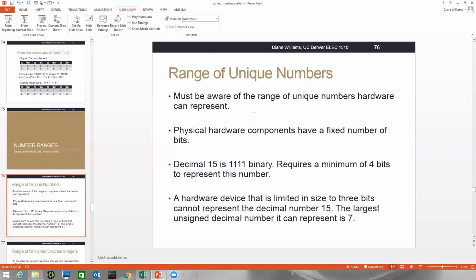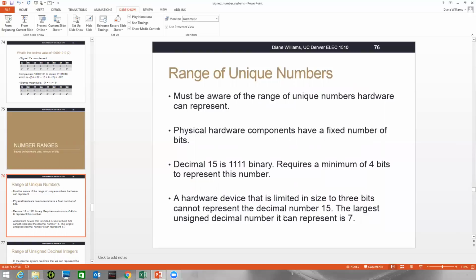We need it to be unique. So physical hardware components have a fixed number of bits. Decimal 15 in binary is a string of 4 ones. This requires a minimum of 4 bits to represent this number. So if we had hardware that was limited to 3 bits, we could not represent the number 15.